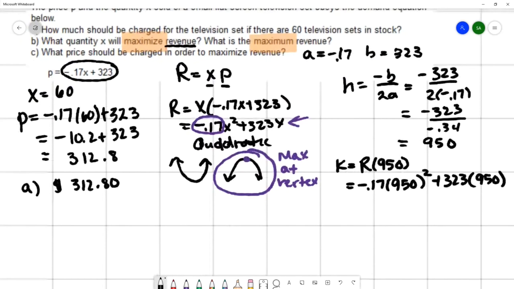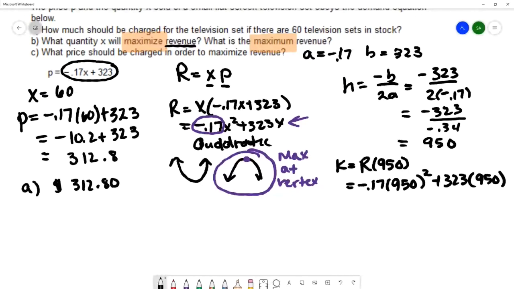So let's do 950 squared. This is a big number. That is 902,500. We need to do 323 times 950. That's 306,850. And we'll do negative 0.17 times 902,500.